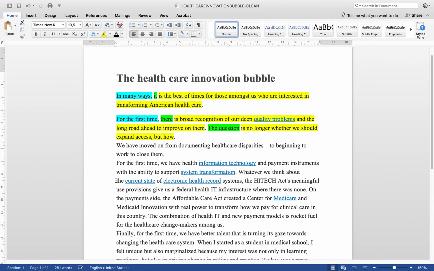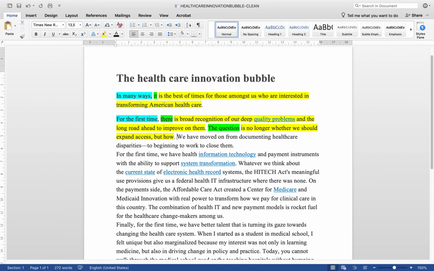Now, let me restore the text to its original shape. So the next sentence, if we analyze that, we have here the topic and have moved on from documenting healthcare disparities to beginning to work close to them.